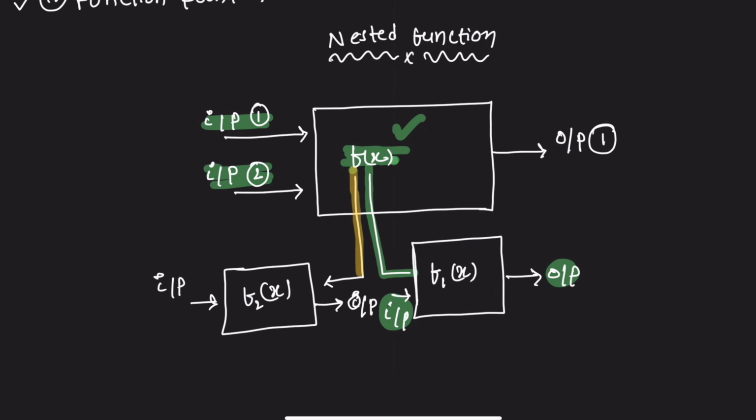That also receives some input, which is also coming from this function. Once this computation is done, you get an output from the second function, which is the output of the main function.